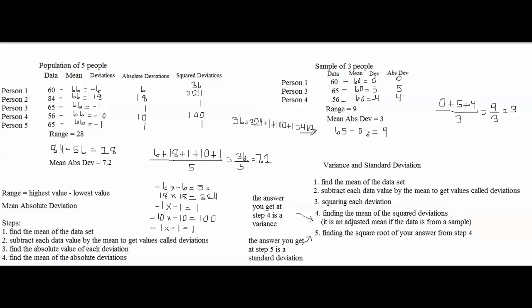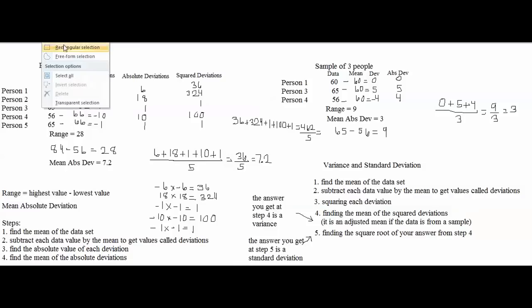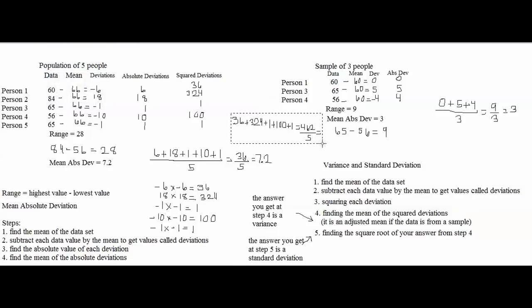Now we divide 462 by 5, and we get our answer. We get 92.4. So the variance is just the mean of the squared deviations. Just like how the mean absolute deviation was the mean of the absolute deviations, the variance is just the mean of the squared deviations. And it came out to 92.4.